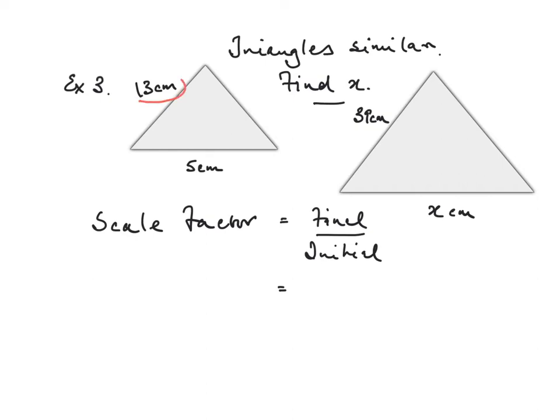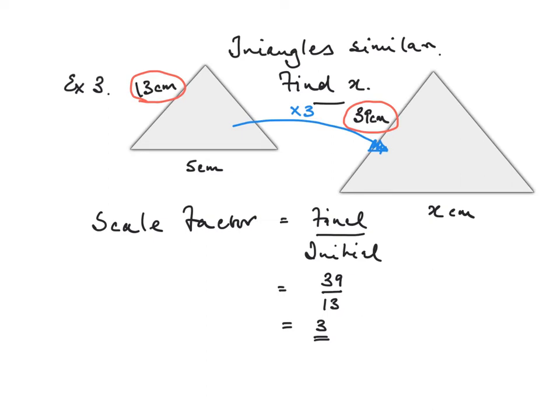Now I'm going to pair up this side on the first triangle with this side on the second triangle. Let's just have the 39 on top, over the 13, which gives us a value of 3, scale factor of 3. What does that mean? It means that we multiply all the dimensions on the smaller triangle by 3 to get the dimensions on the larger triangle.